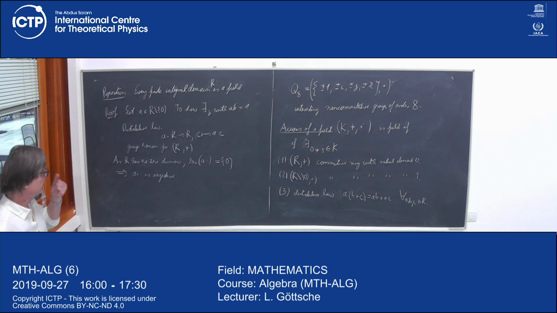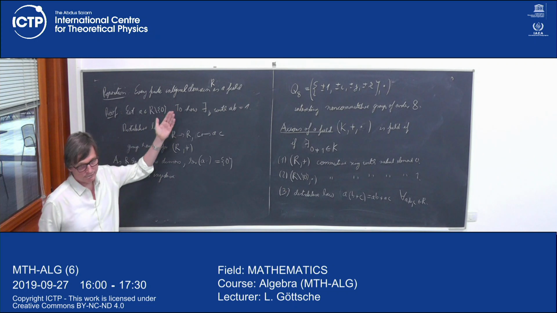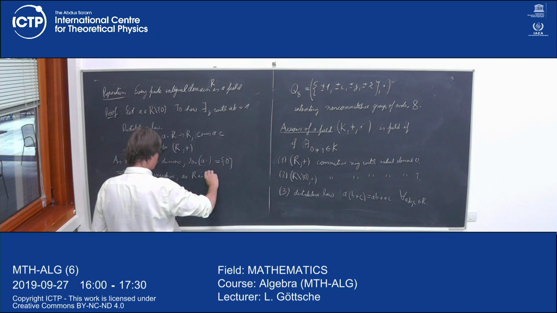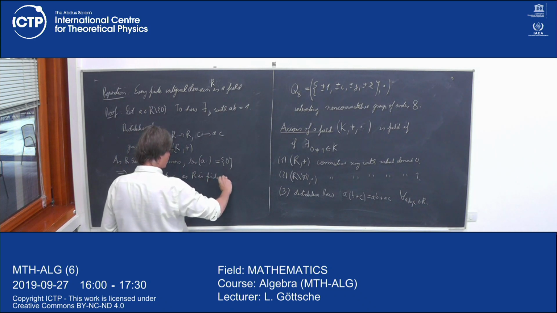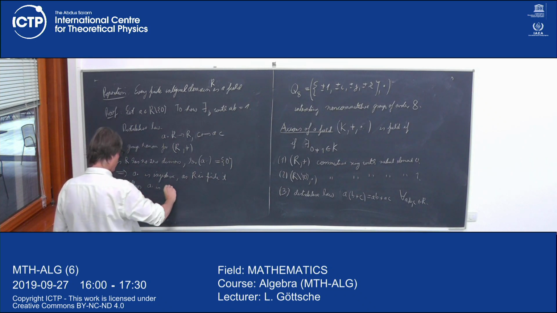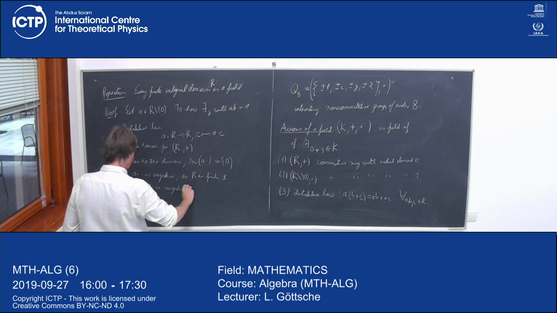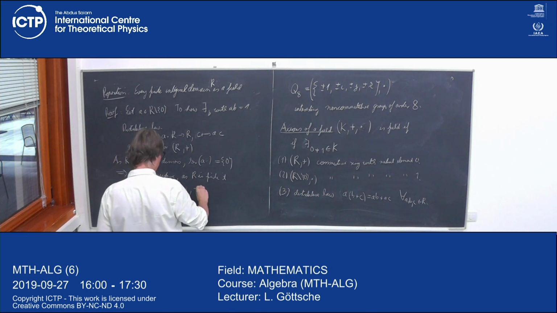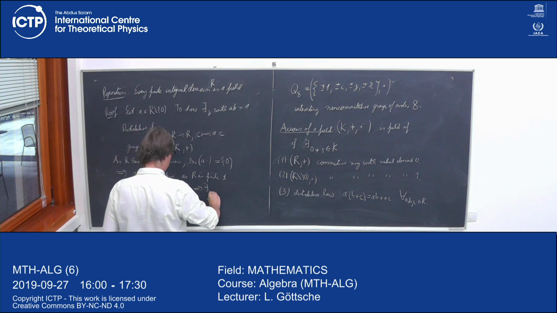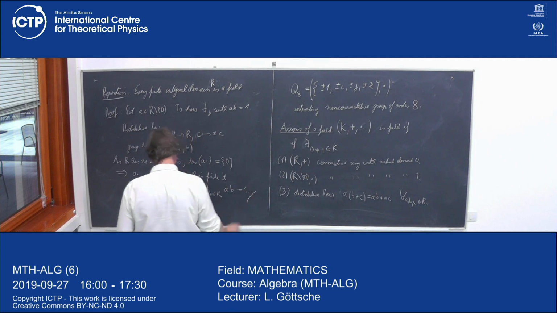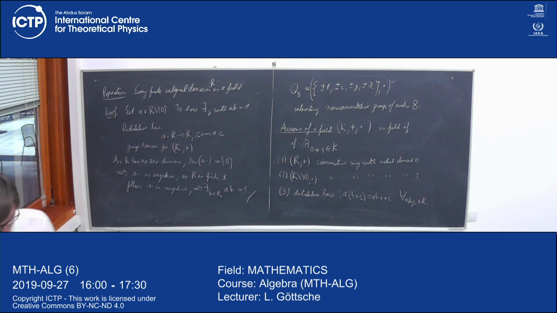On the other hand, it's a map from a finite set to itself, so if it's injective, it's surjective. So in particular, 1 is in the image, so there is an element b in R with a times b equal to 1. Okay, that's quite simple.